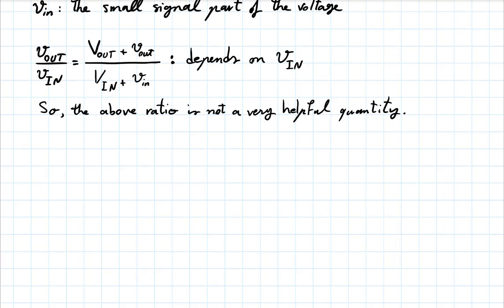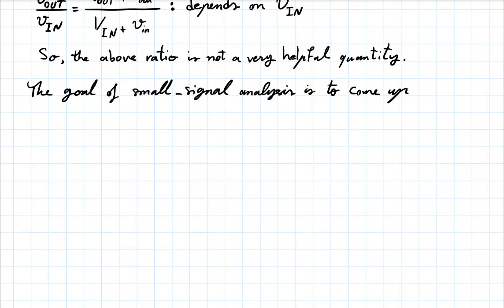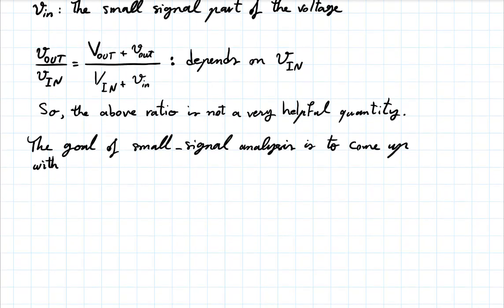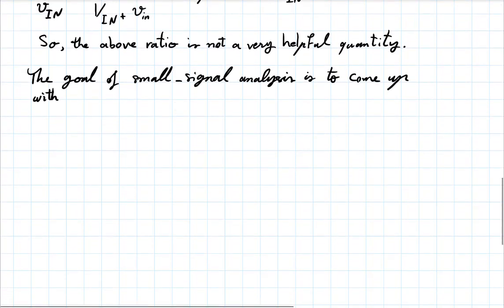The goal of small signal analysis is to come up with something like this: a ratio of only the small signal components of the output and input. You see, this is all lowercase.